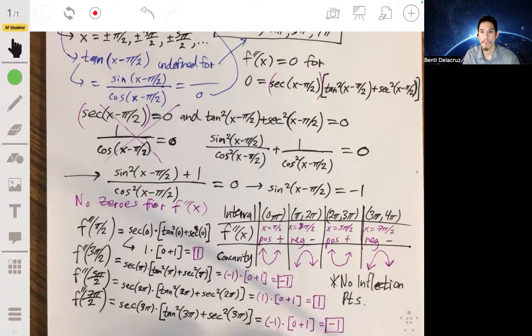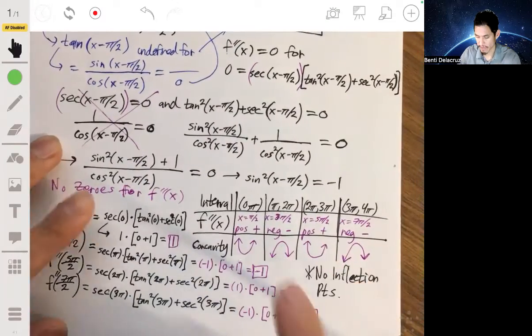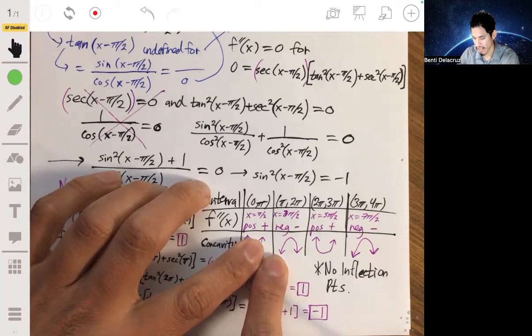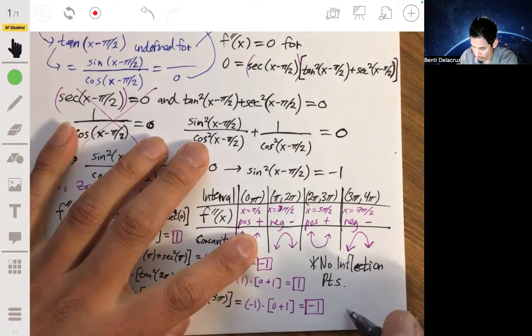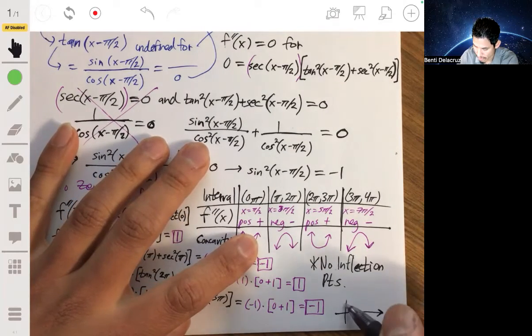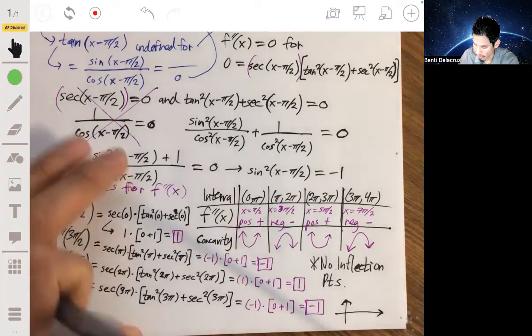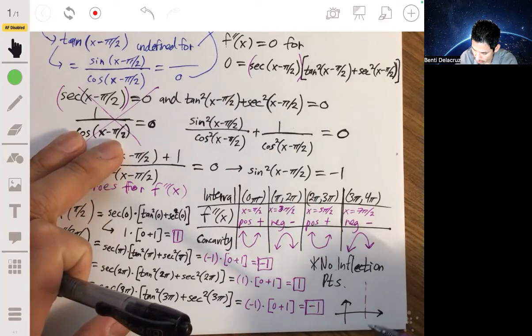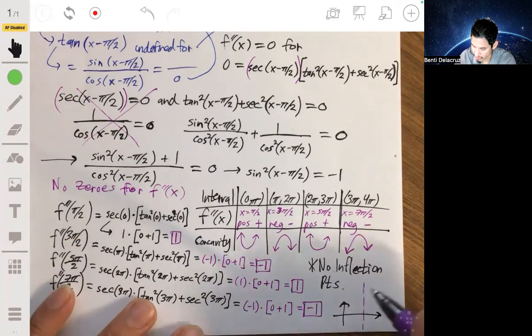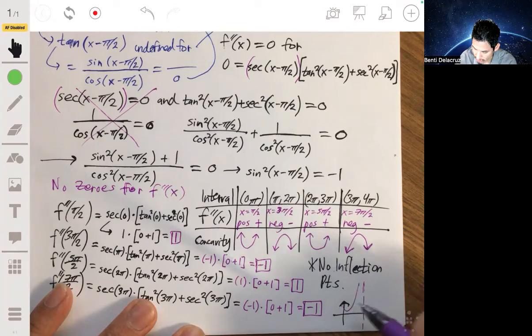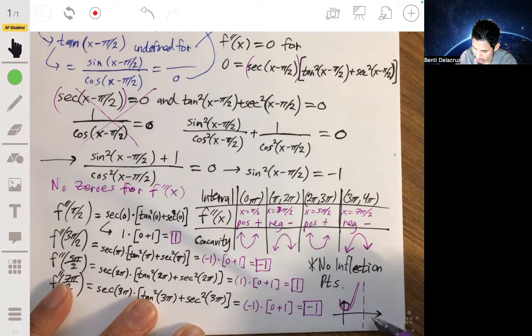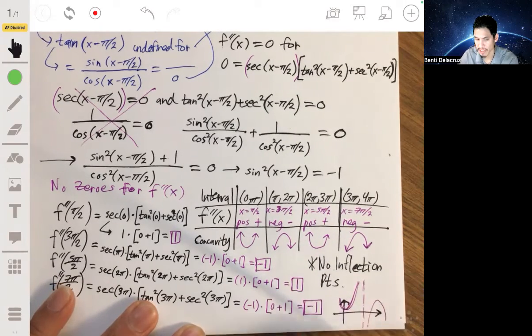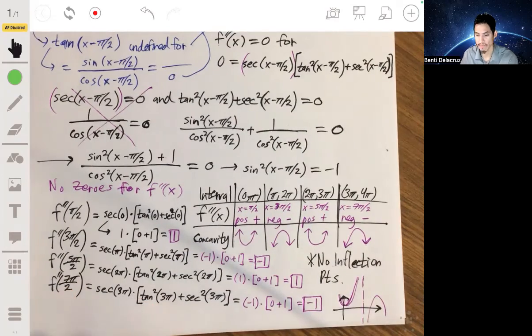So the graph is essentially doing this. I have a little sketch, not drawn to scale, but I have an asymptote, and on one side the graph is going upward, and on the other side it is going downward. Again, that's not what it looks like, but that's what's going on. Upward on the left, downward on the right.